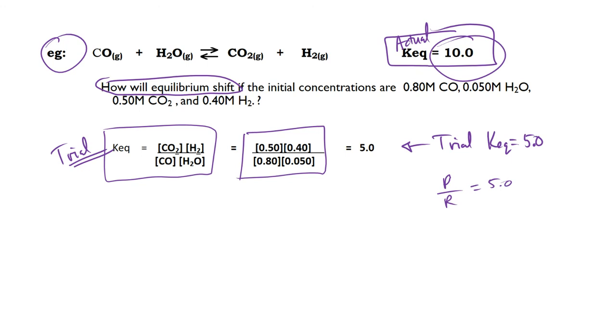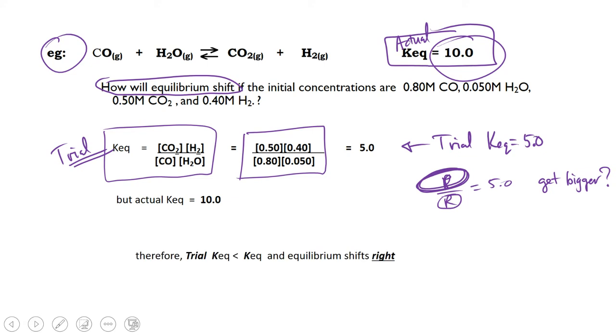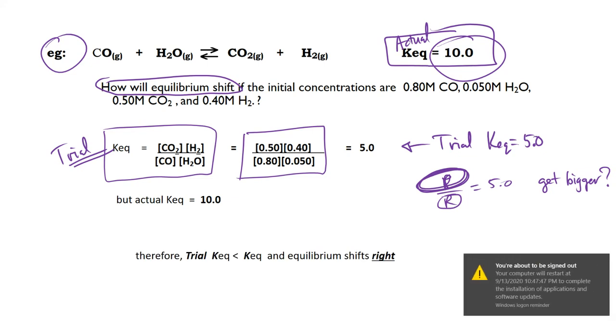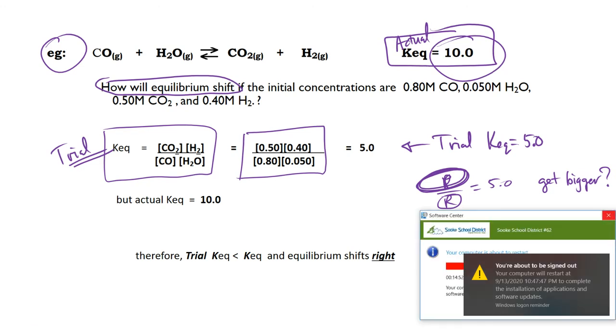So I need this to become larger. How does this get larger? Well, we need a larger number on top, so more products. We need a smaller number on the bottom, so less reactants. So that's going to be a shift to the right, because of the sizes of those, okay?